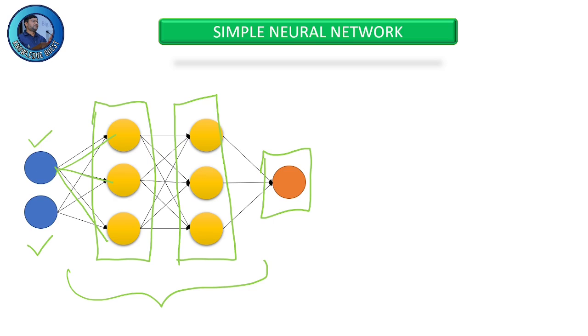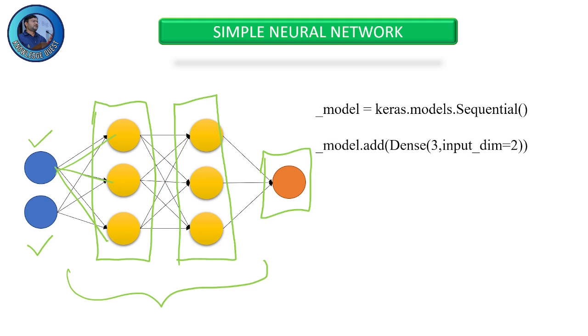Let's see how this example would look in code. First, we will create a new neural network model with Keras. It's called a sequential model because we are going to define each layer in order, sequentially, or one layer at a time. Next, we will add a layer with three nodes, but notice that we are also specifying the network has two input nodes by passing in the input dim parameter.